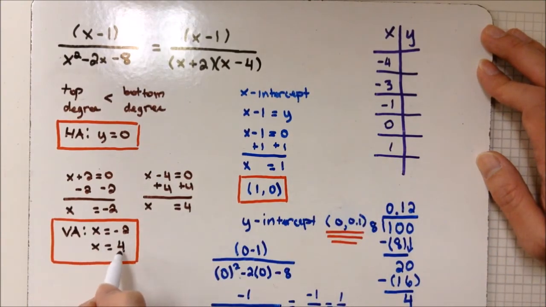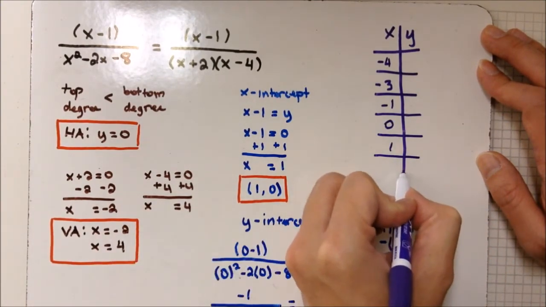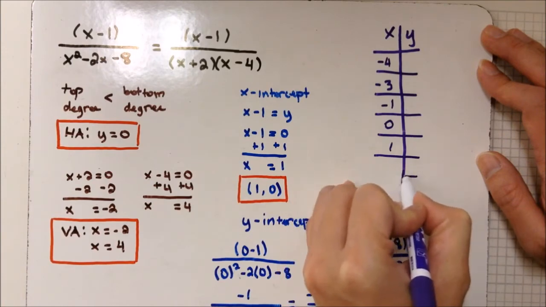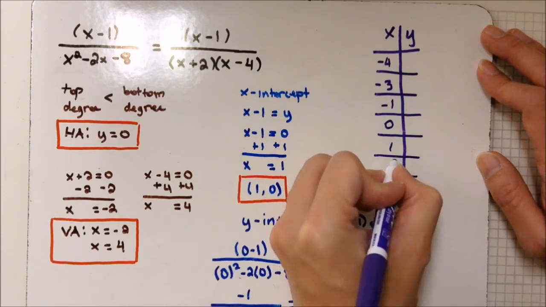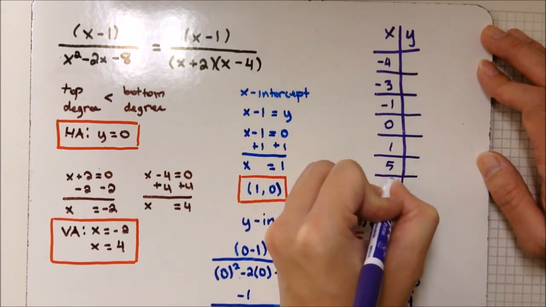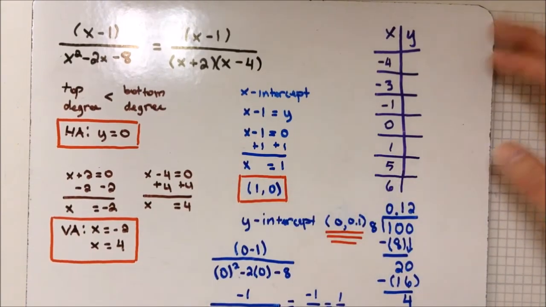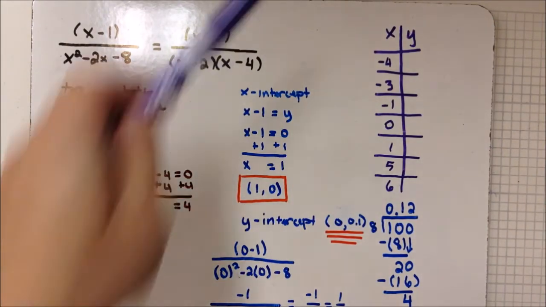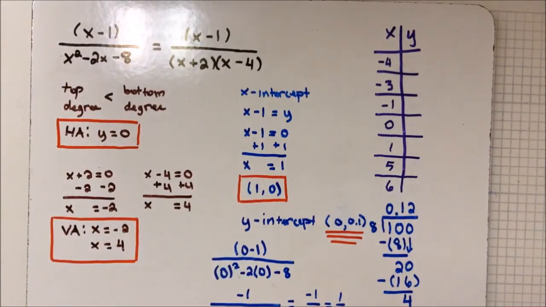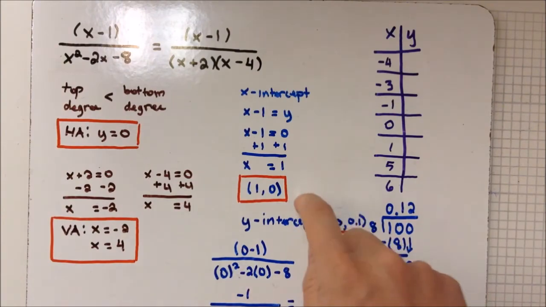Alright, now we need to be precise. Two x values that are greater than 4, so we're going to do 5 and 6. Now, again, we got the x-intercepts.